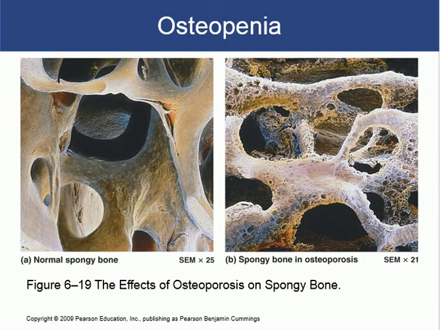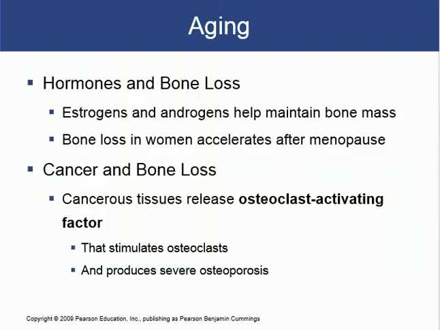See all these pores versus this? This is healthy bone. This is the porous bone, osteoporosis. And with aging, everything deteriorates. Osteoclasts become more active in this case, and the bone will become weaker, and it will break down. And this is for chapter 6.